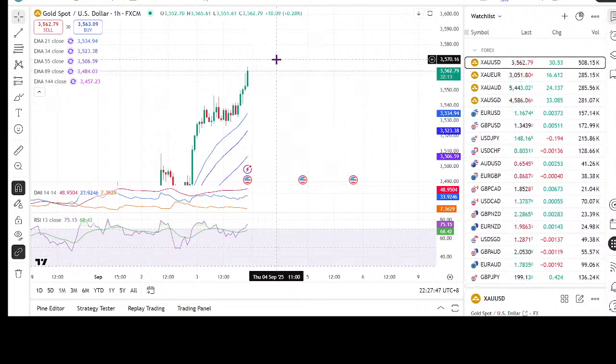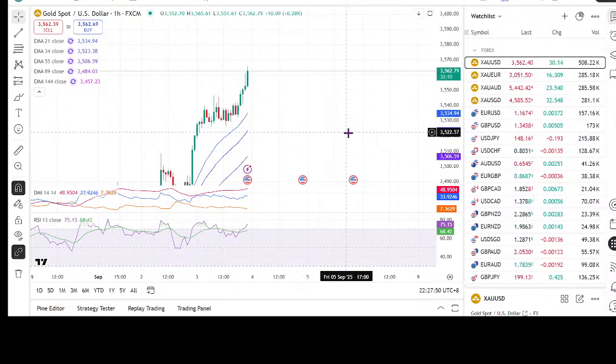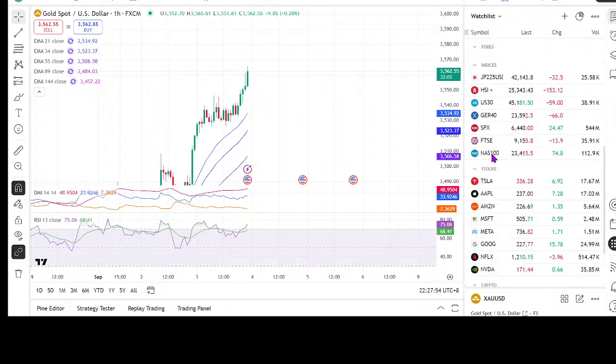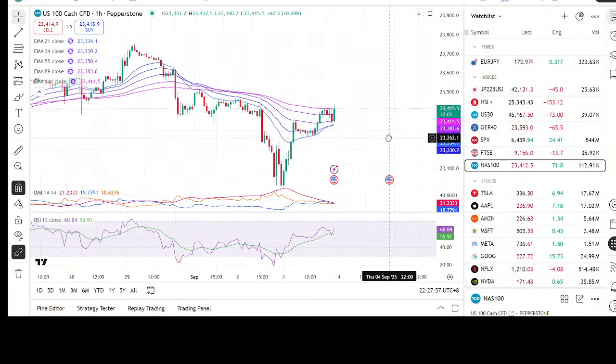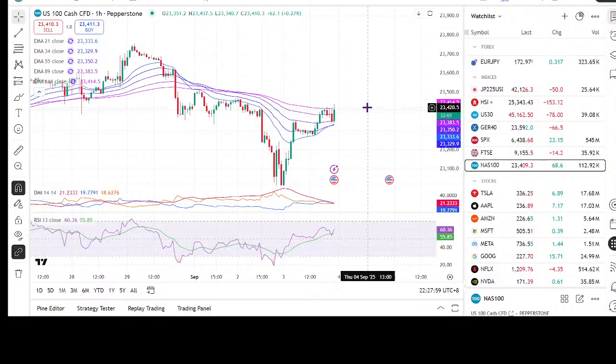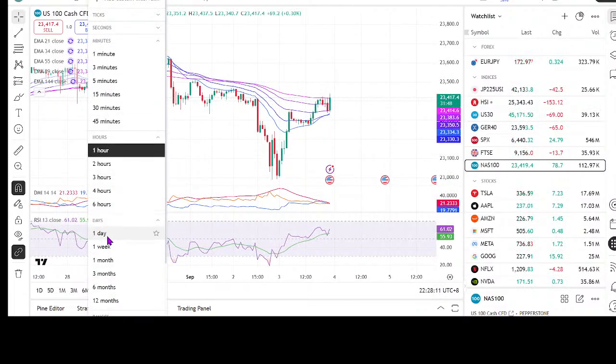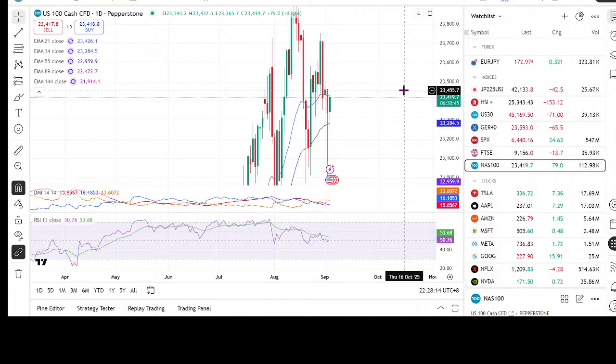Of course, no guarantee this is going to get filled. Then also the Nasdaq is showing some strength. I think if it gets stopped out, then we can go for a sell again at another slightly higher level.